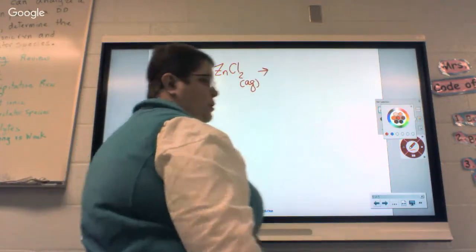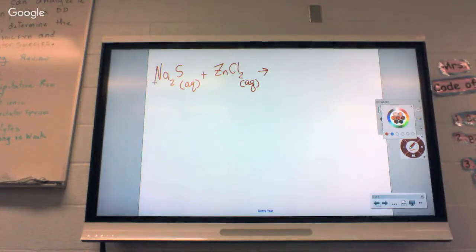I want you to do the double displacement and find the state. Double displace and find the state.